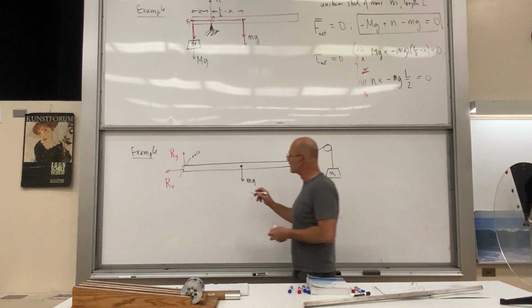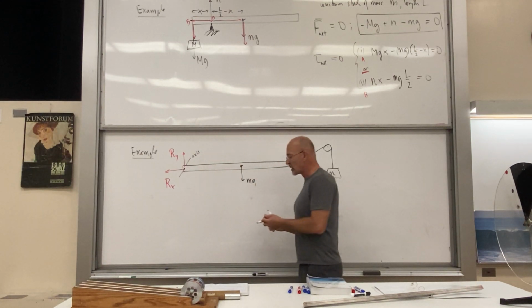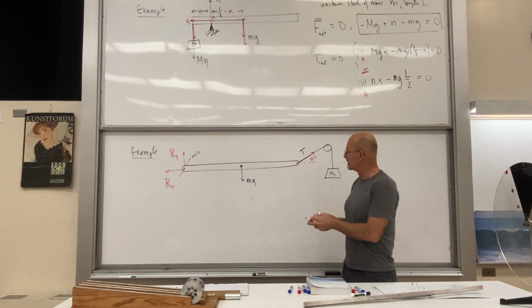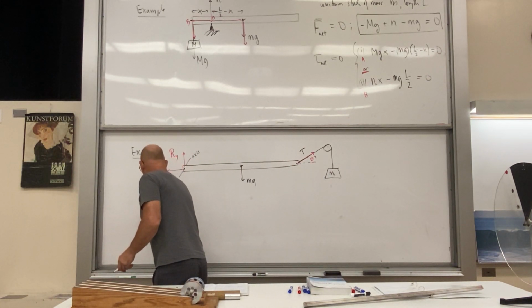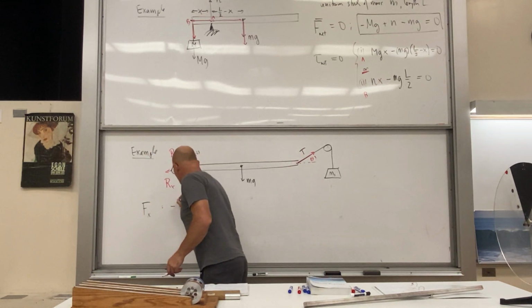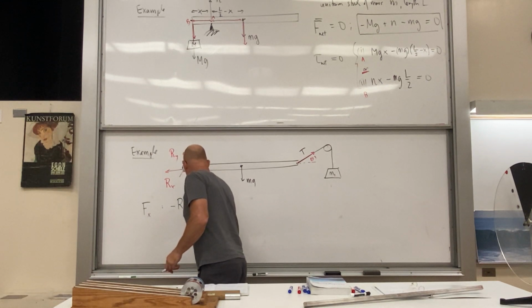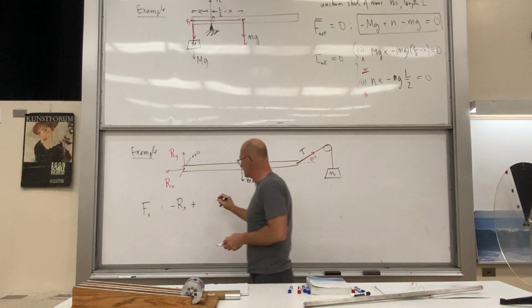And we'll go ahead and take this, as I've labeled it, as the axis. So now we'll just set up our equilibrium conditions. For forces in the x direction, we have minus Rx plus the only other one, T cos theta.